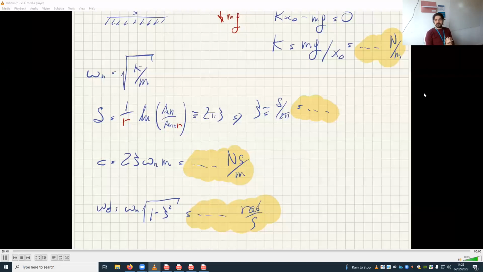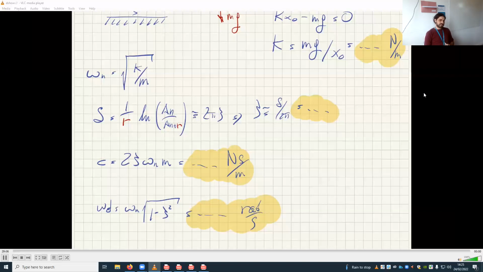The good thing about dashpots is that the damping increases as you go up in frequency linearly, whereas the structural damping has the same level of damping no matter the frequency level.